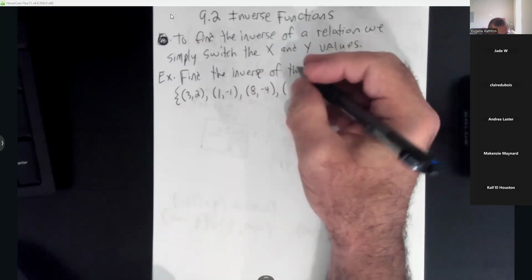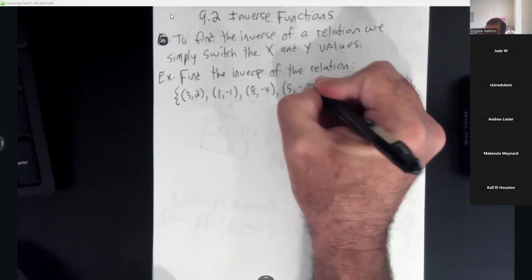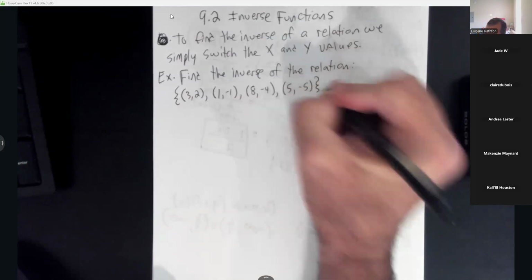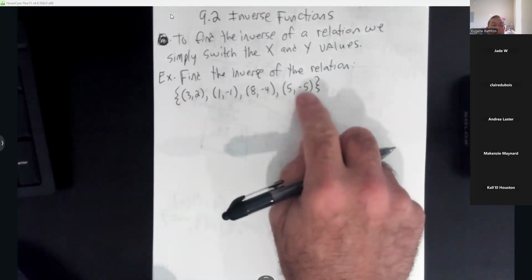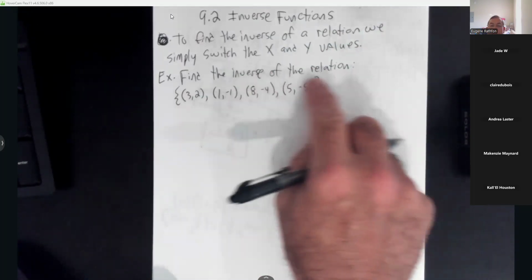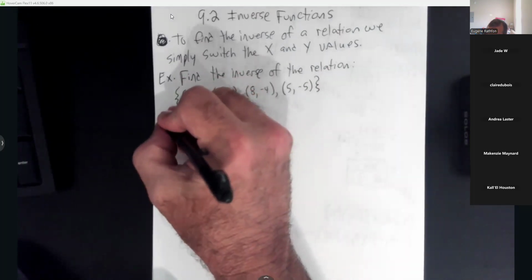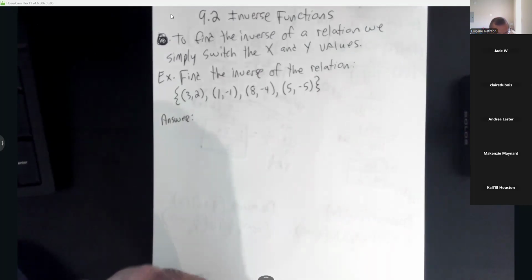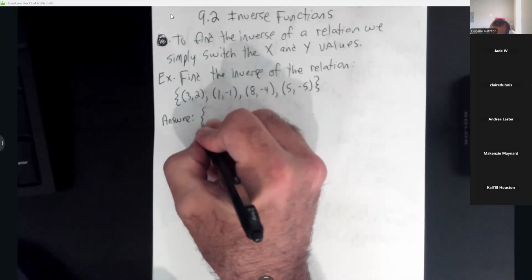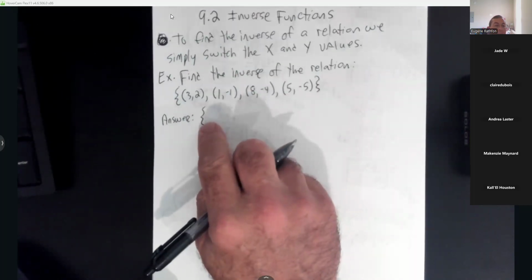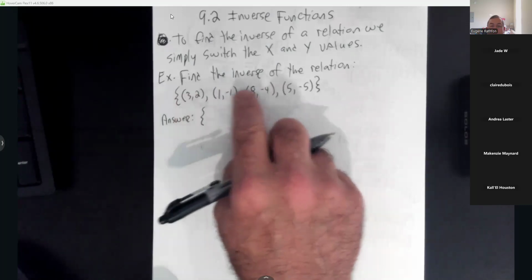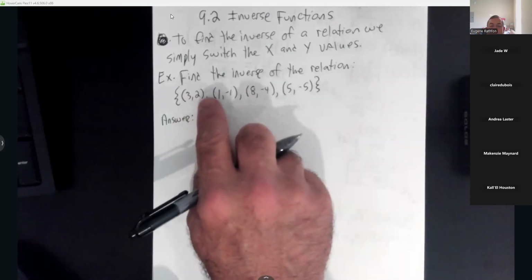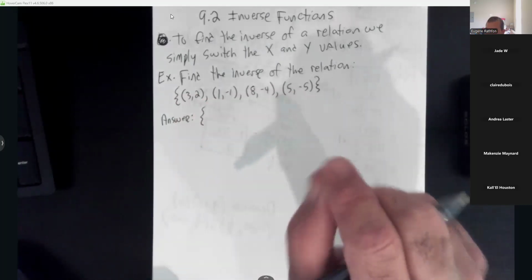Then 5, -5. There's the relation they're giving me. They want me to find the inverse. So here comes our answer. Now, MathLab automatically will give you the curly brackets, but you got to put all the ordered pairs in parentheses with commas, okay?